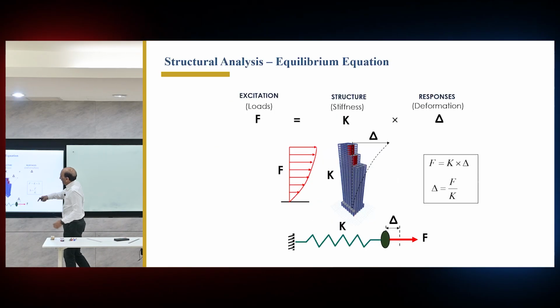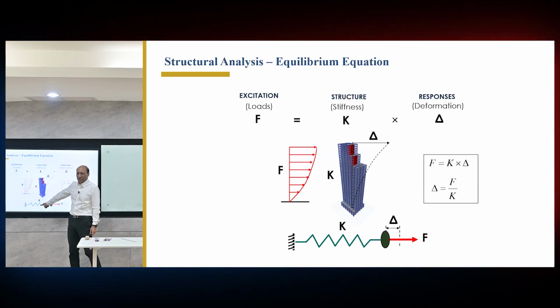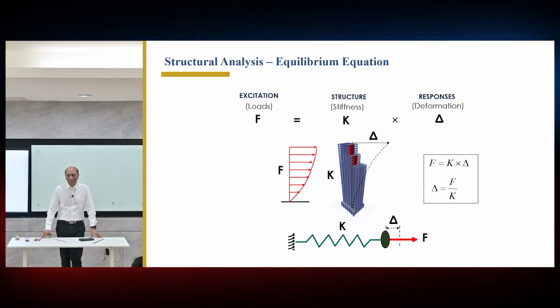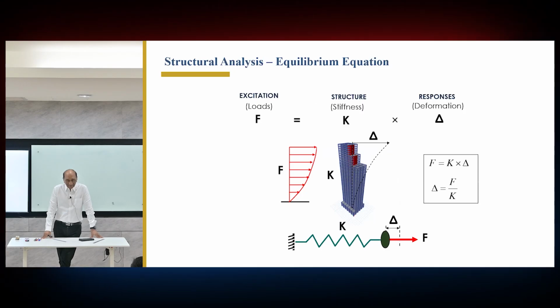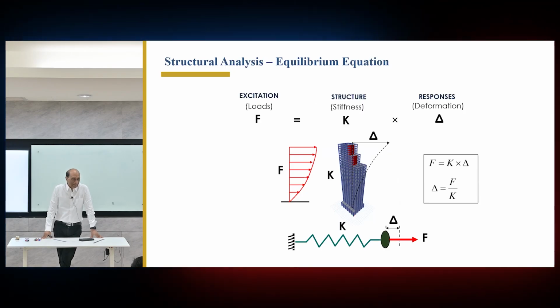So we now have a structure with F, K, and delta, same as a spring. So basically, a structure is no more than a big spring. Any structure, no matter what it is, for us is a complex big spring, right?